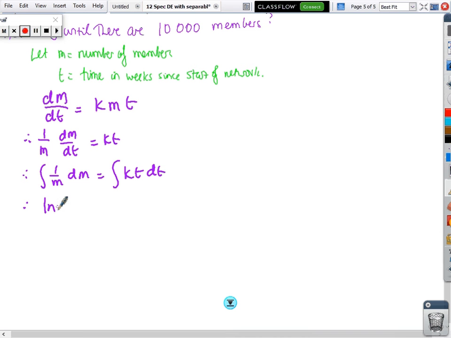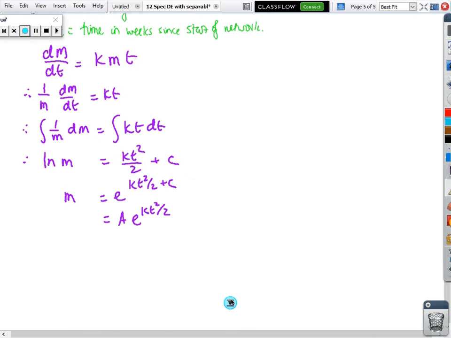So log M equals kt squared over 2 plus a constant. So M equals e to the kt squared over 2 plus c, which equals A e to the kt squared over 2, where A equals e to the c.